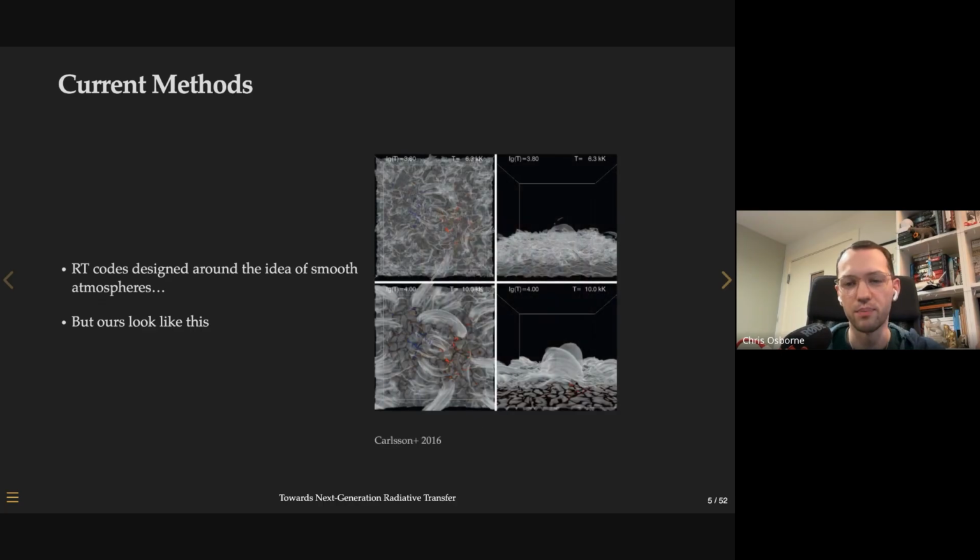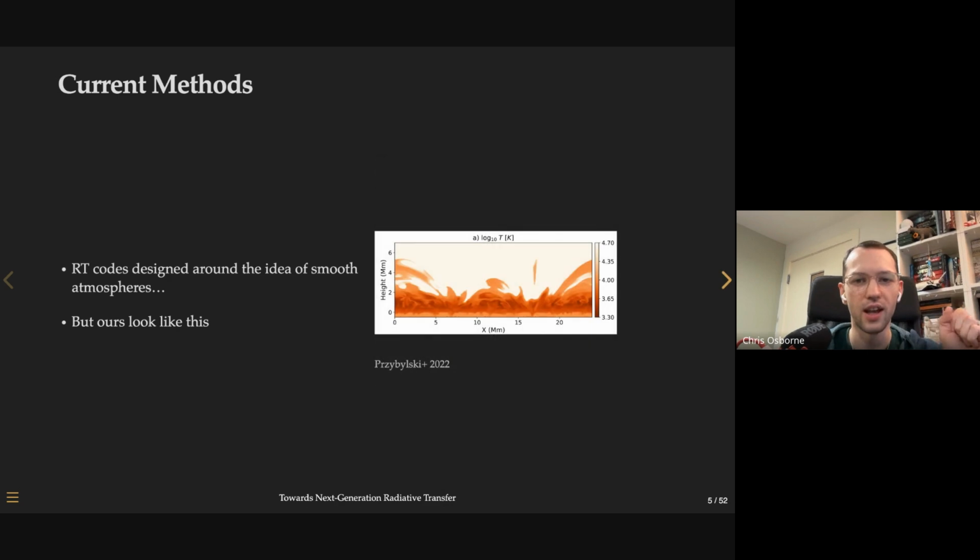Or this is Bifrost. That doesn't look overly smooth to me. Particularly the regions we're interested in for these very high opacity lines, like the Lyman lines that form higher up in these highly corrugated surfaces. And the same there, that's a Muram chromosphere cut. There's a lot of complexity, and there's definitely not necessarily smoothness there.